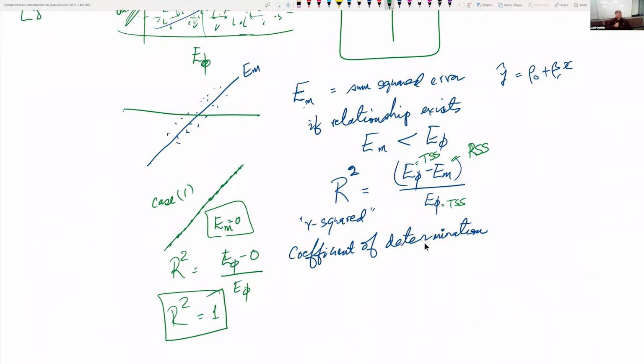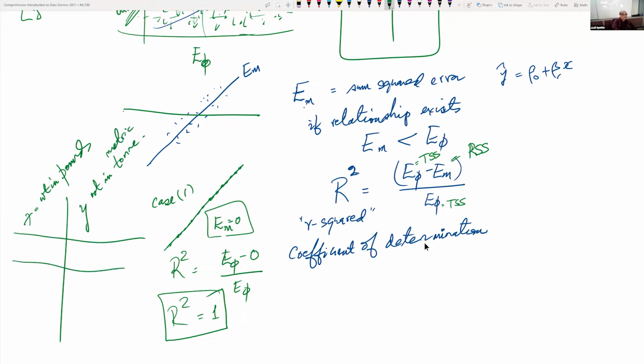So for example, I'll give you one easy example where R squared will be 1. Suppose I give you the weight of the same giraffe in pounds. X is weight in pounds, and Y is the weight in metric tons. Now, what will happen?